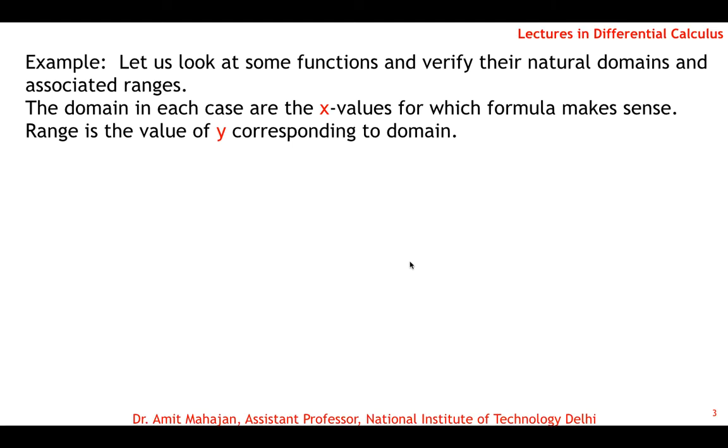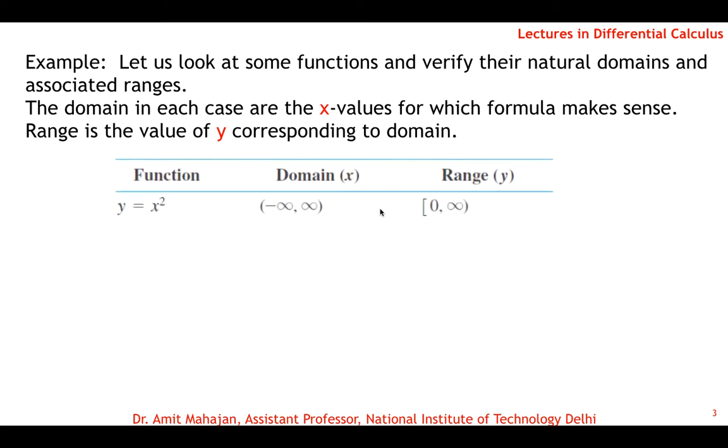For example, let us see for some of the functions what their domains and codomains are. Okay, say for example you are given a function y is equal to x squared, and the domain is not defined, the range is not defined, so how can you check? Okay, so for all x values for which this function is defined. Okay, so this function is defined for all x from minus infinity to infinity.